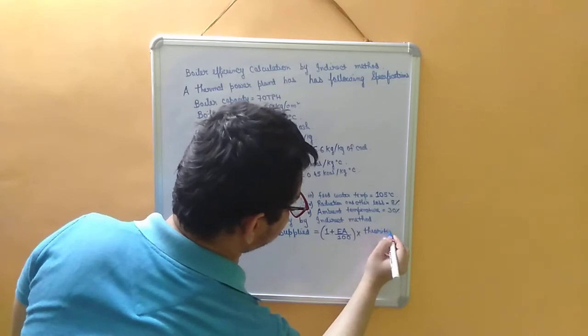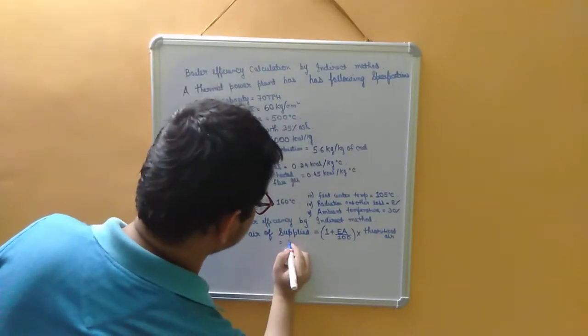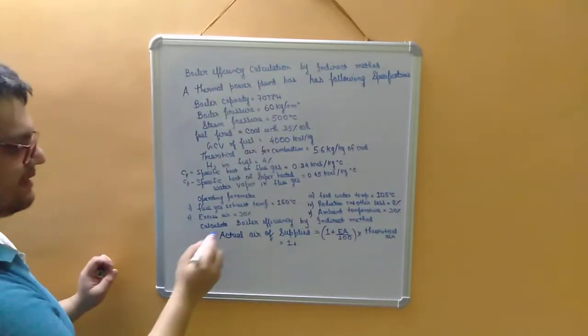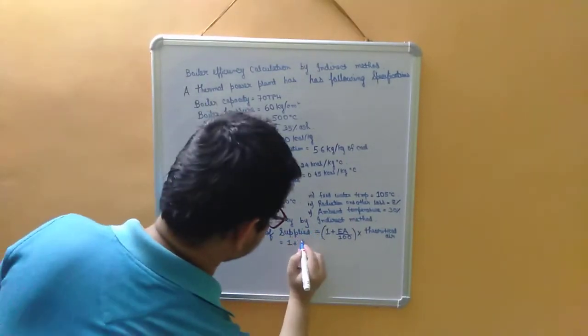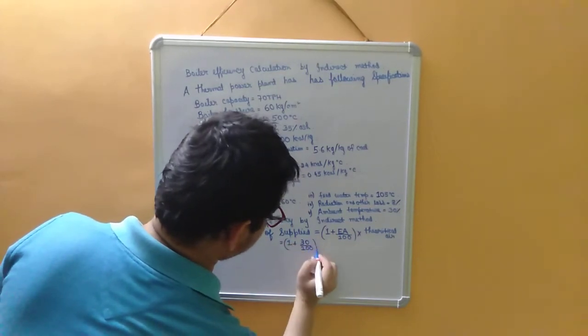What is the excess air? Excess air is 30%, so this is 30 by 100 into theoretical air.